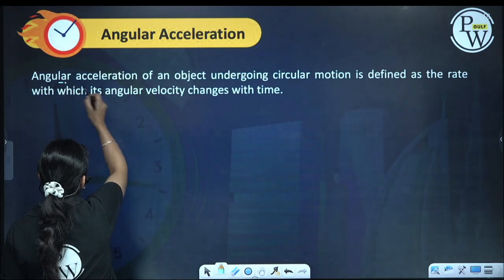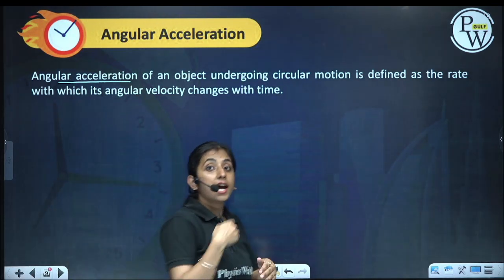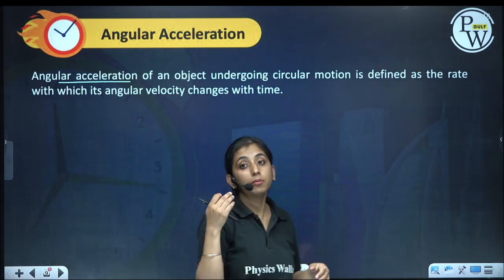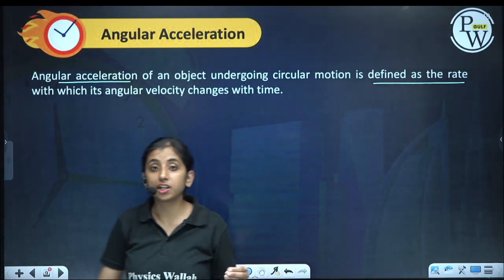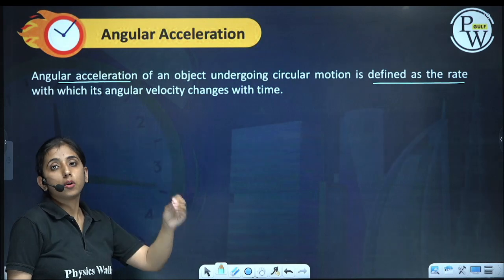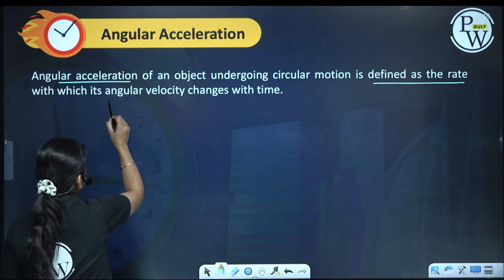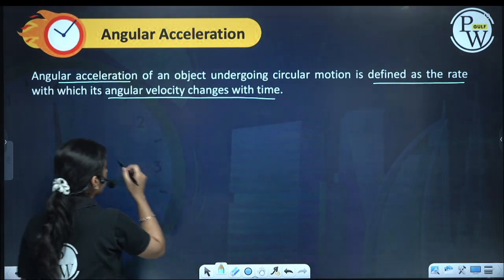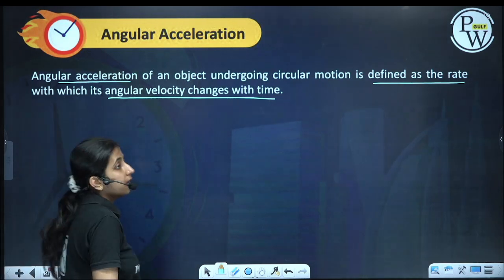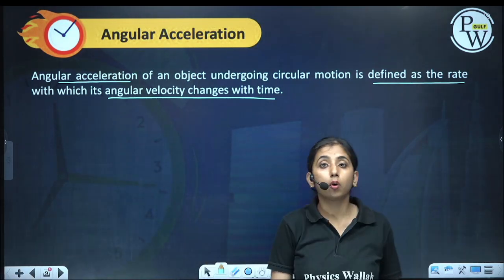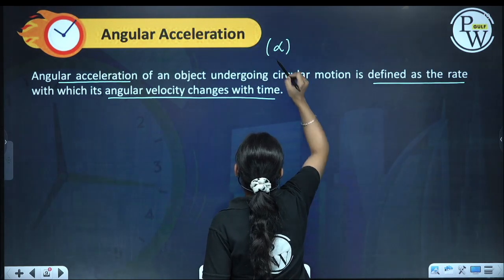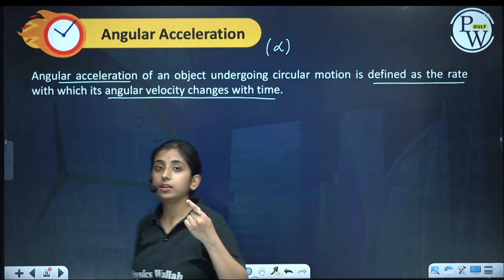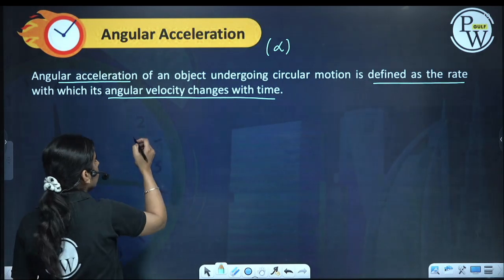So angular acceleration of an object undergoing circular motion is defined as the rate of change of angular velocity with time. As we denote angular velocity by omega, we denote angular acceleration by alpha.